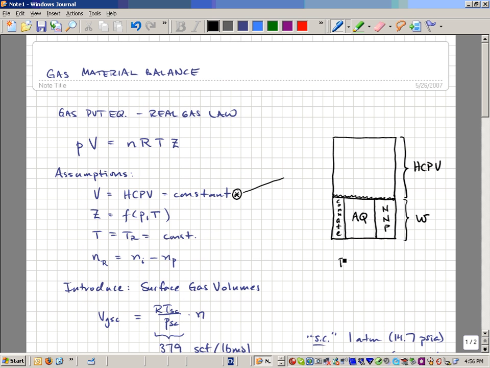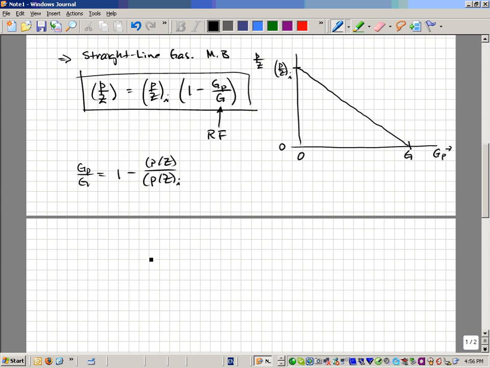That's referred to as a pot aquifer model, and it's applicable for small aquifers, and it usually requires a relatively high permeability. But that's just an assumption. We'll just look at the characteristics of what the water encroachment into the hydrocarbon pore volume does to affect the material balance behavior. And there's a very simple modification of the straight line material balance to deal with that pot aquifer model.